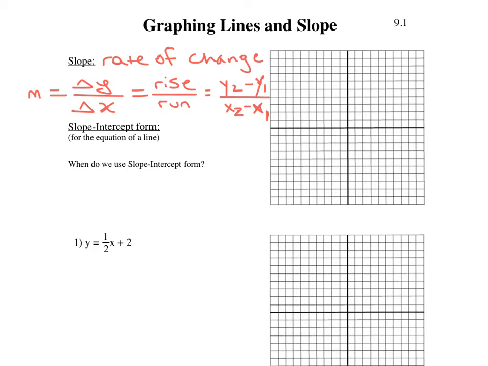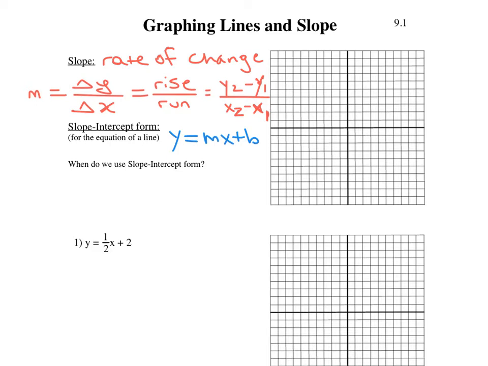And now, slope-intercept form, which we all know, is just our standard equation of a line. So what is the equation of a line? Whenever I ask in class, what is the equation of anything, you guys always go right to y equals mx plus b. So when are we going to use slope-intercept form of a line?